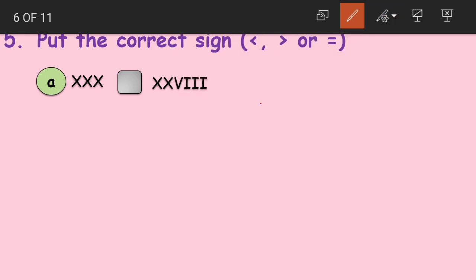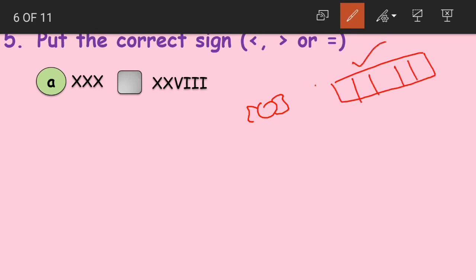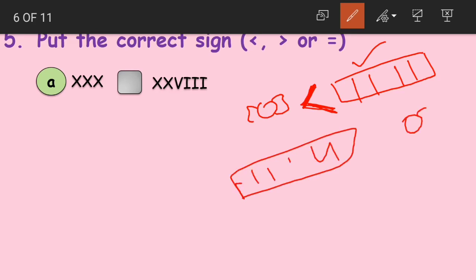Or you can say, when I give you a small chocolate and a big bar of chocolate, which chocolate would you like to eat? The big one, right? So you open the mouth towards the big one. Understood, children? In the same way, if the big bar of chocolate was here and the small candy is here, again open the mouth towards the bigger bar.